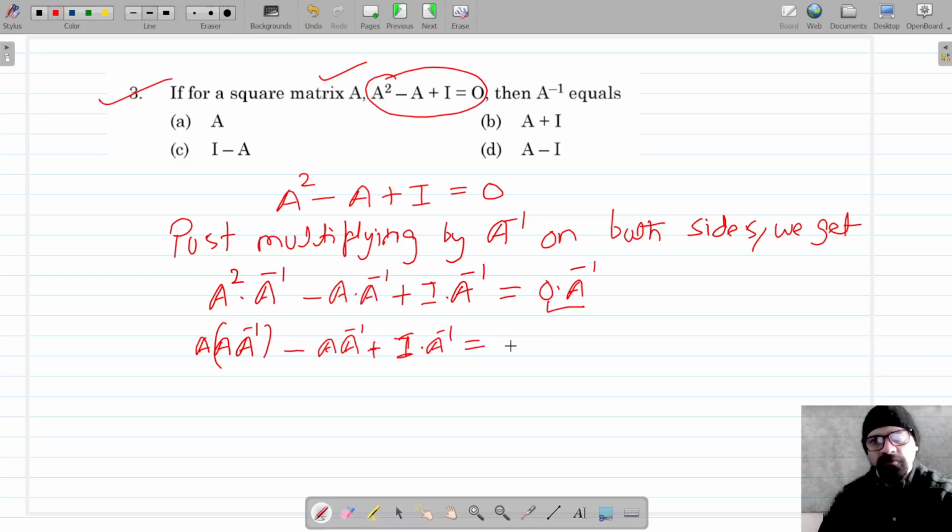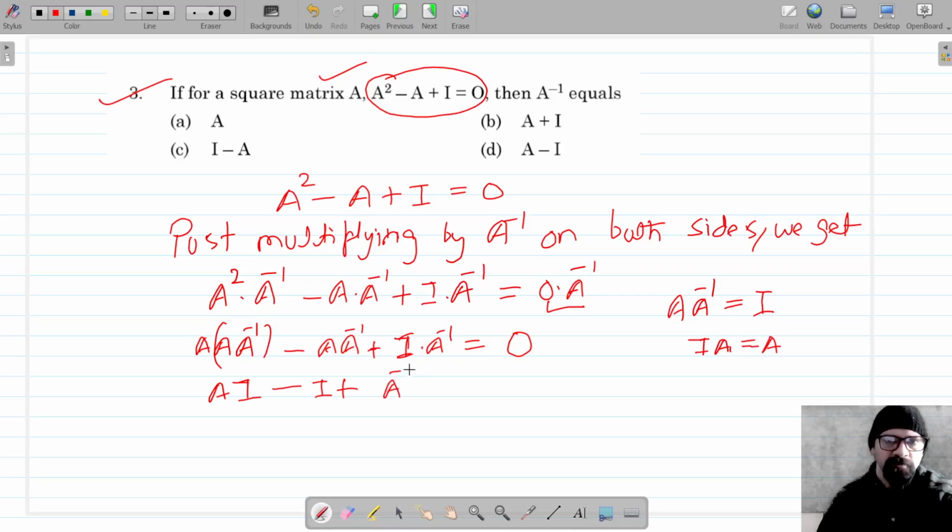Null matrix into something is the null matrix again. Now A into A inverse is equal to the identity matrix, so this becomes A into I minus the identity matrix plus I into A inverse. If I multiply I with any matrix, it gives me the same matrix again. So I into A inverse is A inverse, which is equal to the null matrix.